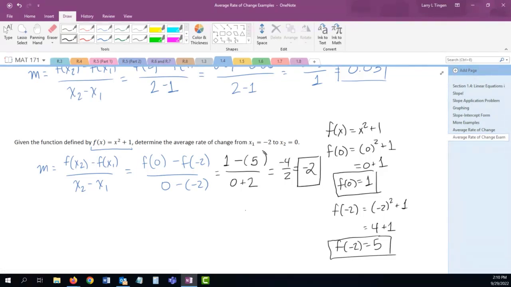So that means my function is falling from left to right at an average rate of -2 units. And remember, slope is change in y over change in x. So this is for every 1 unit change in x. If I move to the right 1 unit, I'm moving down 2 units.